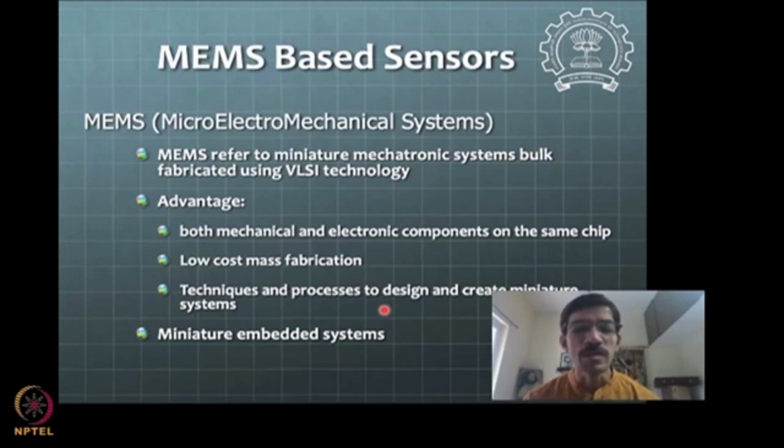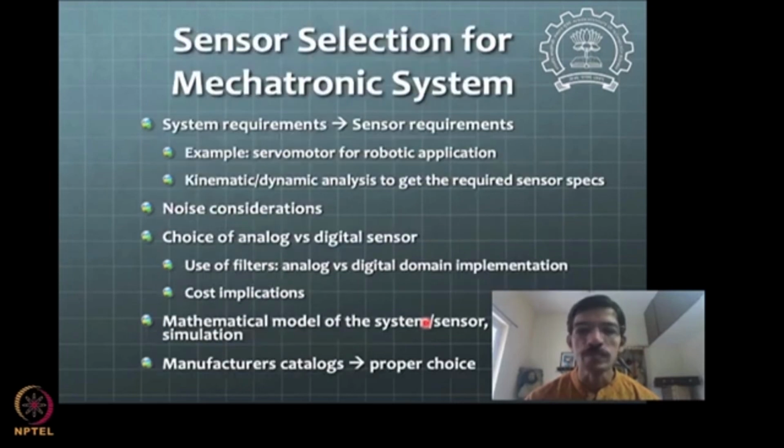Maybe we can reserve a separate lecture on this at some point in future classes, where we can demonstrate some interesting sensors and actuators in MEMS based technologies. For now we'll go forward with other topics that we would like to see here.